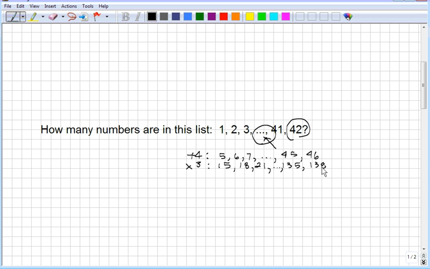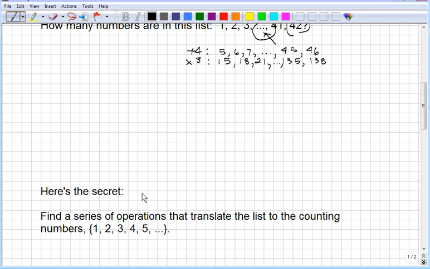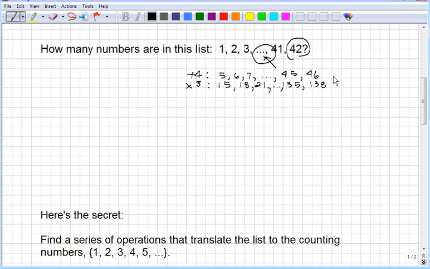So here is the trick for doing these kinds of problems. The secret is to find a series of operations that translate the list that you're trying to count into a list of counting numbers that look like 1, 2, 3, 4, 5. Because if the list starts with 1 and increments by 1 each time, then obviously the last number in the list is just going to be the number of numbers.